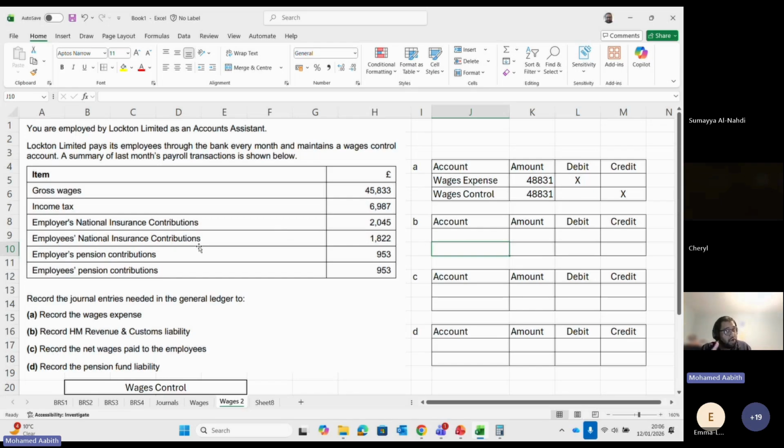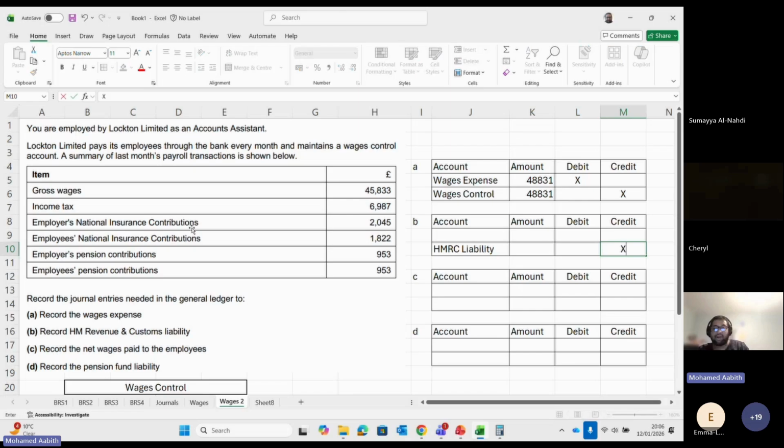For you, these are the money you collect from your employee and you pay to HMRC. Along with your own contribution, these will be classified as an HMRC liability. And remember, guys, liability accounts are, what do you know? They are all credit accounts, because in your debit-credit, you know the liabilities are on the credit side.